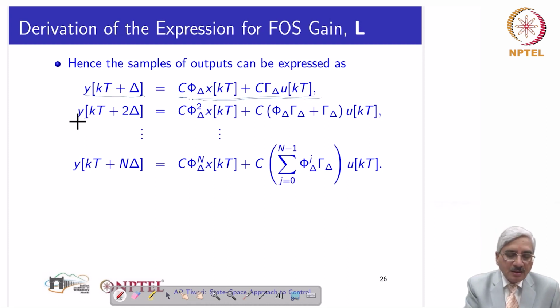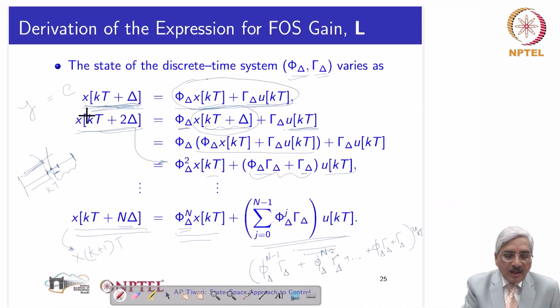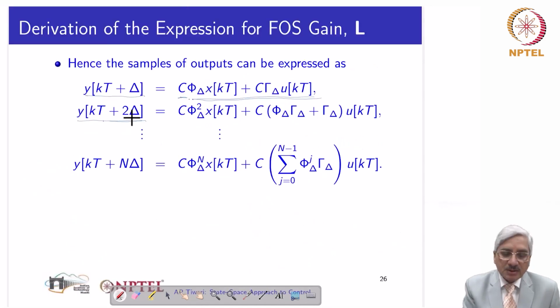Similarly, y kt plus 2 delta will be given by C times x kt plus 2 delta, and because that is equal to this one, we substitute this. So we get y kt plus 2 delta as C phi delta square x kt plus C phi delta gamma delta plus C gamma delta into u kt. And in this manner, we finally evaluate y kt plus n delta given by this one.